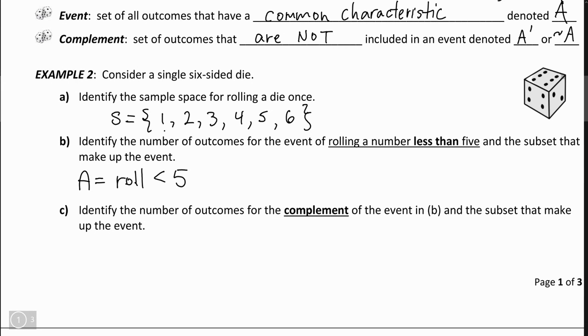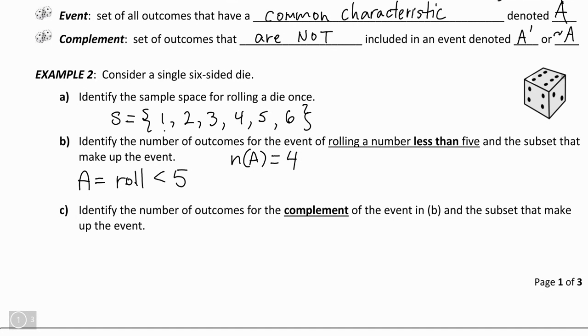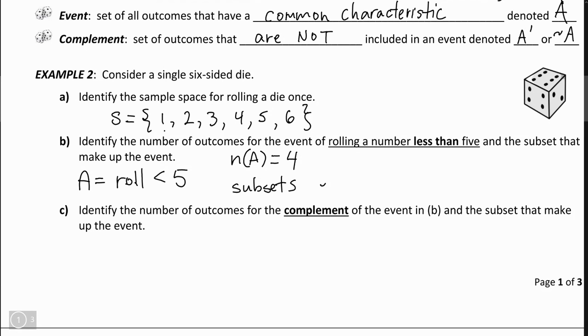You're not including 5 because it's not less than or equal to, it's only less than. So the number of outcomes for our event is 4. n(A) is the number of outcomes, A is my event, and the number is 4. The subset that shows that event is {1, 2, 3, 4}.